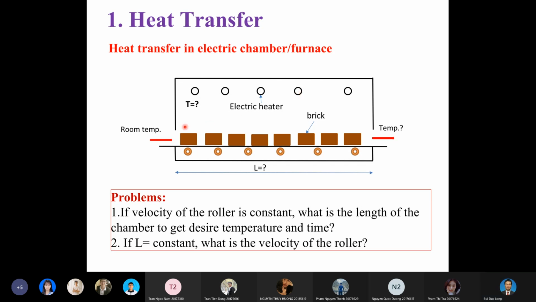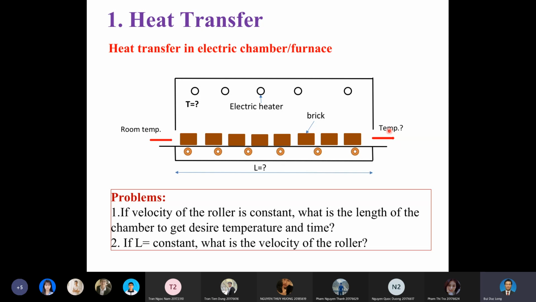When we put the parts or object in and it goes out of the furnace, we can finish the heat treatment.